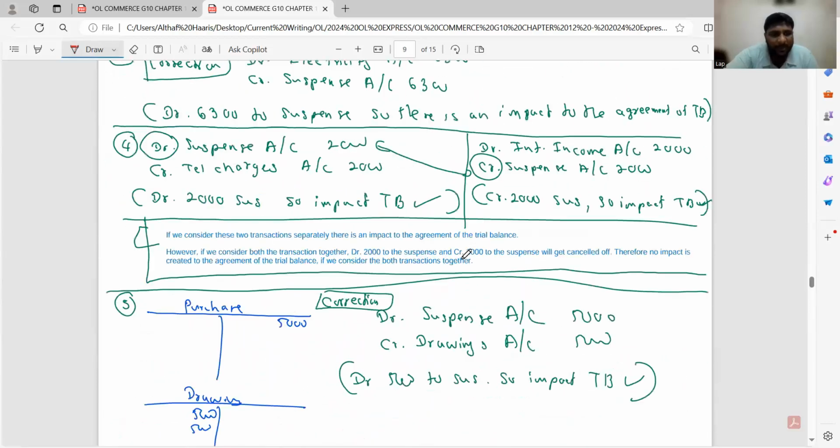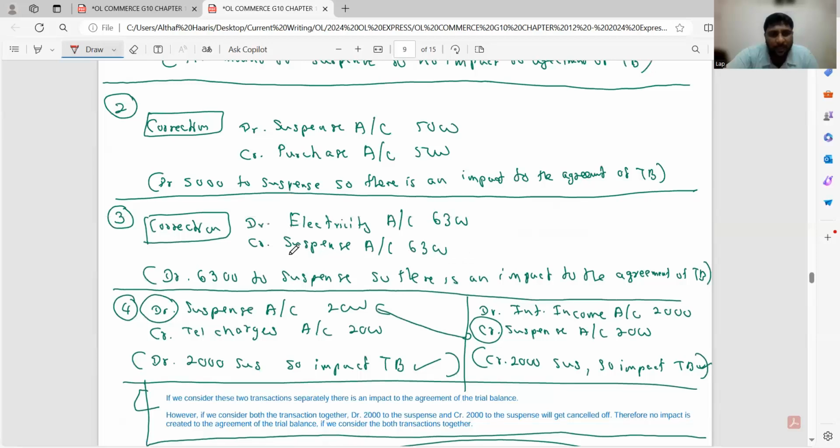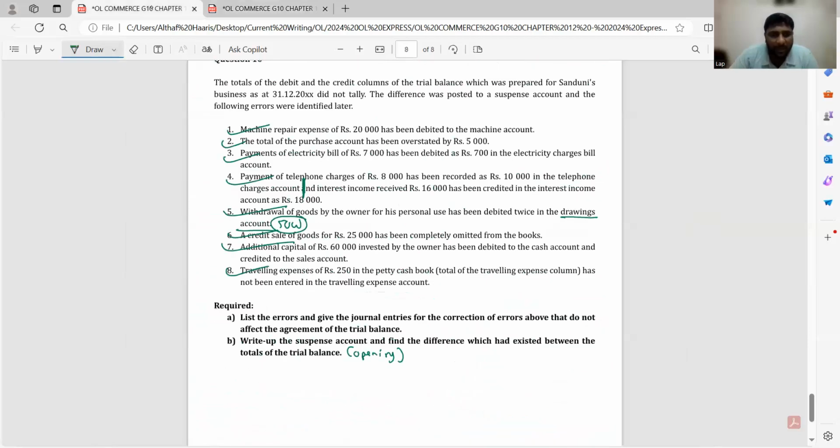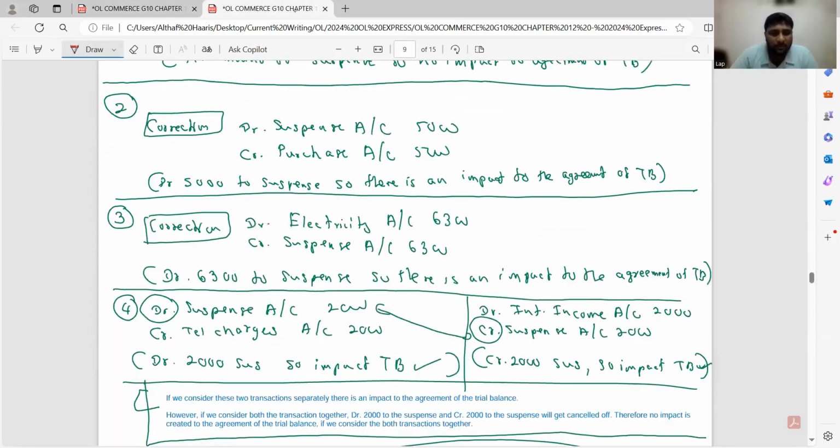Third one, let me check. Here, credit 6,300, no? Wait, did I write it wrong? Let me read it. Electricity payment 7,000 has been debited as 700. Yeah. Okay, so here change this one to credit.